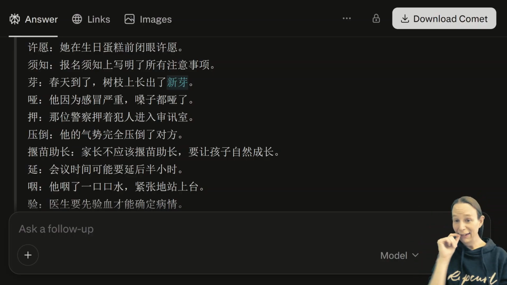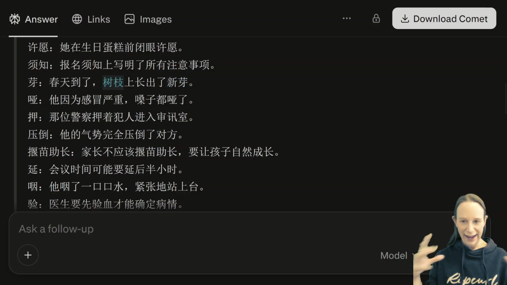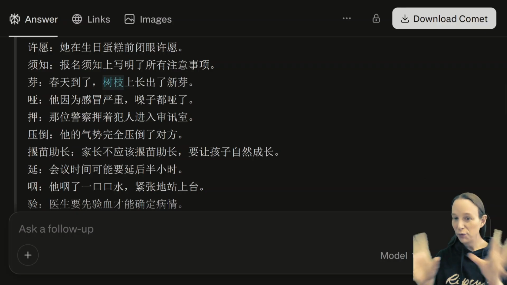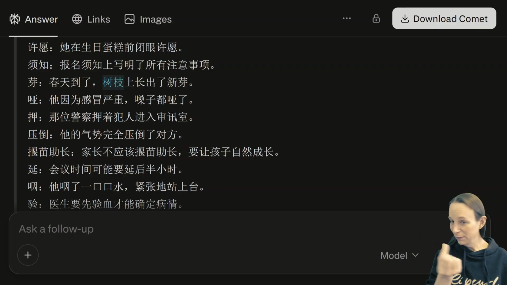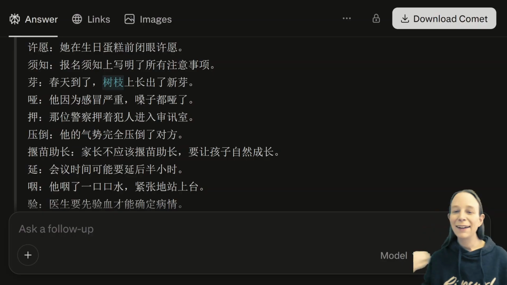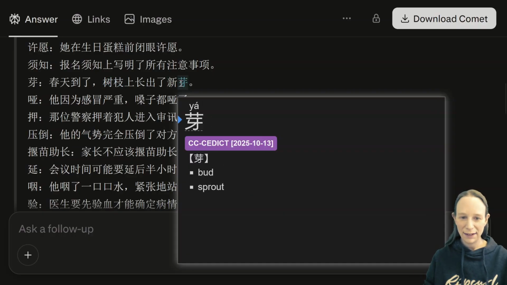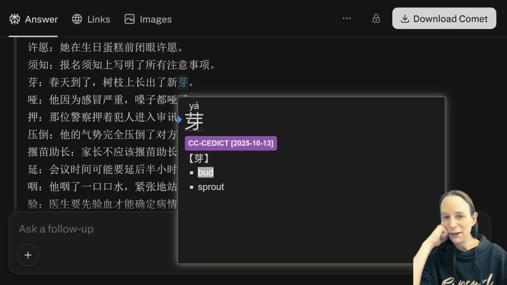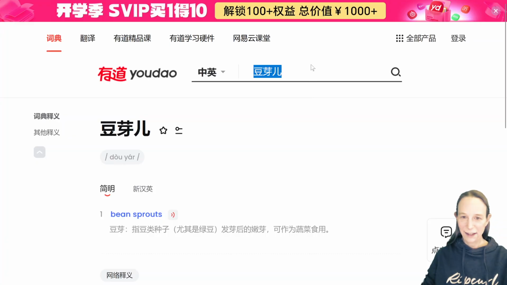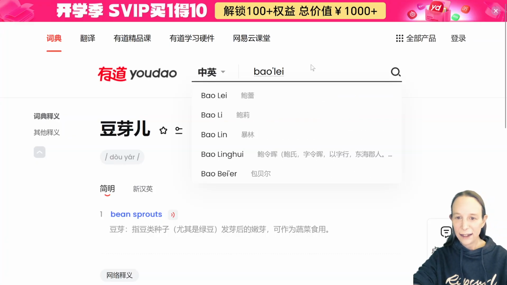Okay, so I didn't know this meaning. 树枝 is a branch on a tree, and in spring something is sprouting. So there's something protruding from the branch. So it's bud, but not okay.